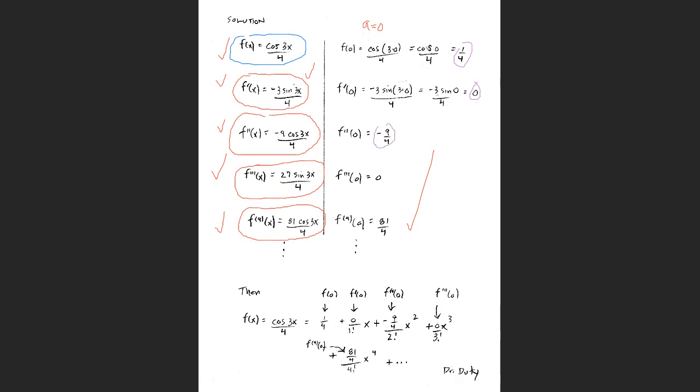The third derivative of the function at 0 is 0. The fourth derivative of the function evaluated at 0 is 81/4. Okay, so what I can do is at least start constructing the series, which I do here. Down below, I start to construct the power series.